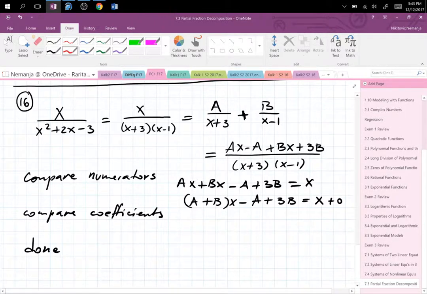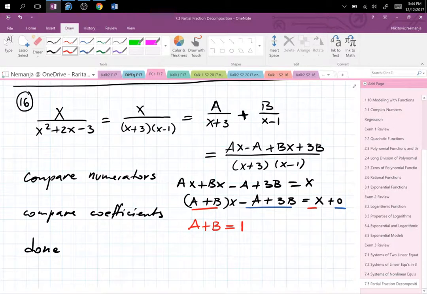Now, compare coefficients. Red with red and blue with the blue. A plus b is equal to 1. The coefficient of x is 1. The number in front of x on the left hand side is a plus b, so a plus b is the same as 1.